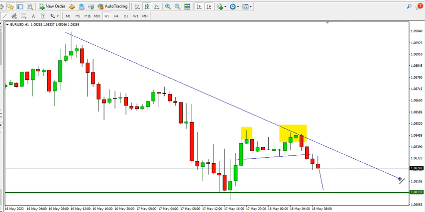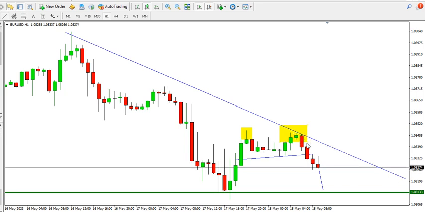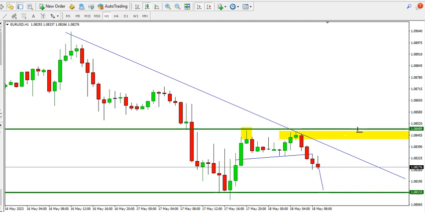Should the buyers step in, we already have another order block around here. As the second top forms, it leaves behind an order block, a resistance. So the buyers are going to meet this order block. The sellers might be placing their stop losses at 1.08489.